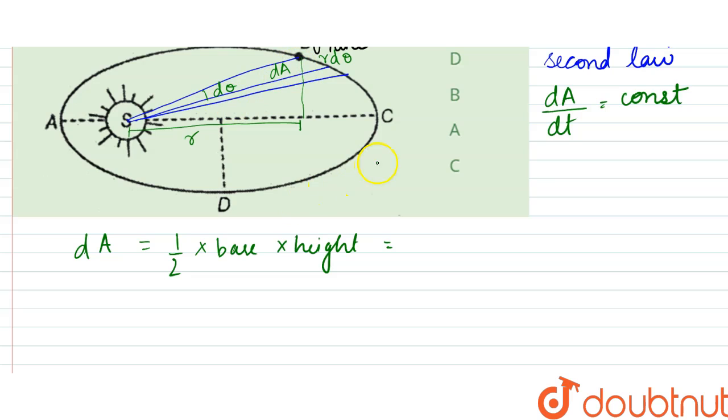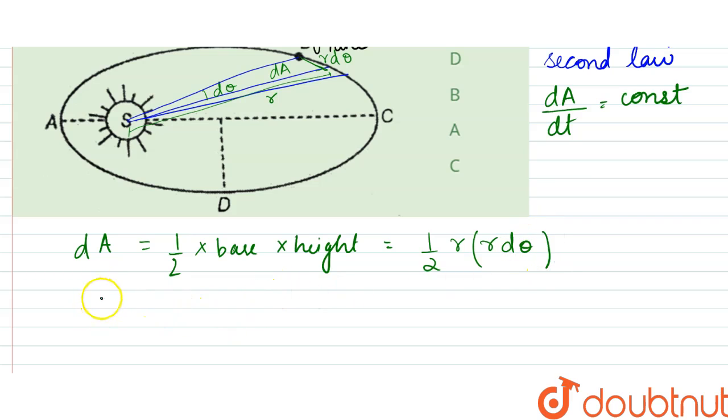correct? That would be the perpendicular distance, since the perpendicular would be this one. So this distance is r from here, not this. This distance is r. So what we can say is this is equal to half into base, which is r, into the height. The height is r d theta.